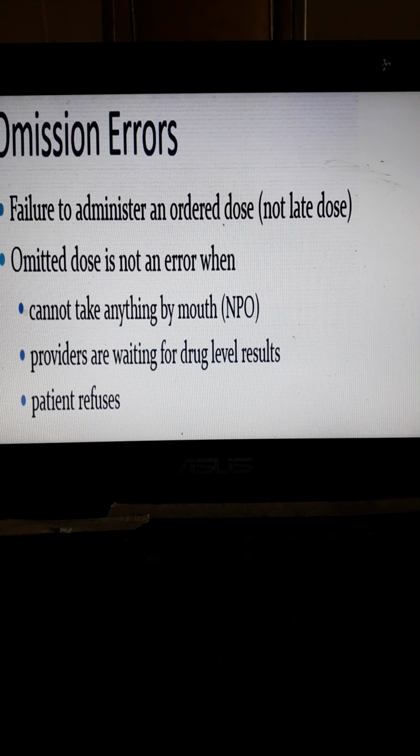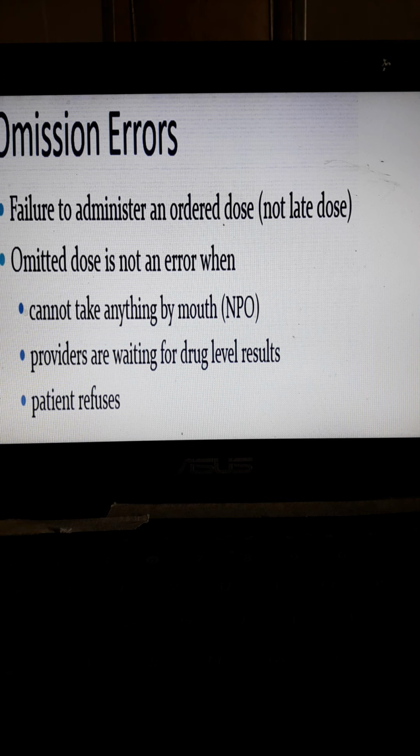Example, at 1 o'clock a.m., there should be a dose of 1000 milligram or 150 milligram, or IM, for example. So there's a failure there. A late dose is not, because even if it is late, there is no failure of giving the specific drug ordered by the doctor.